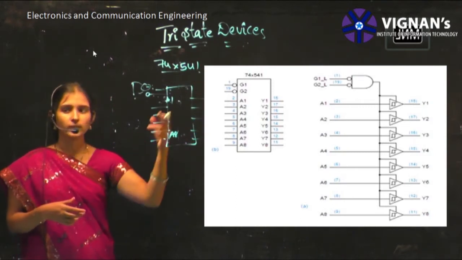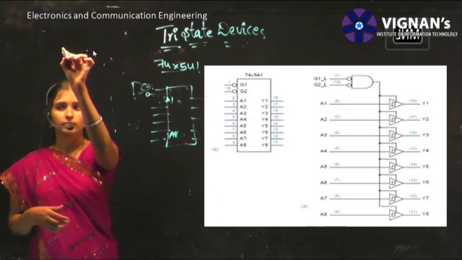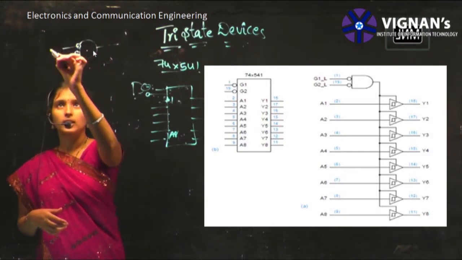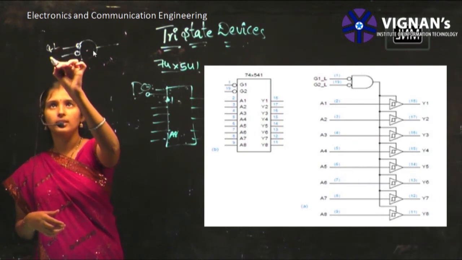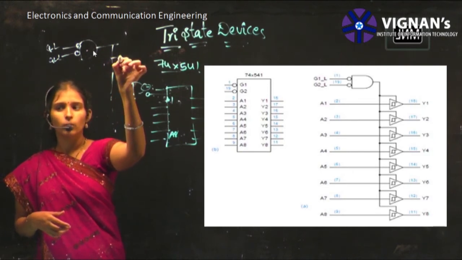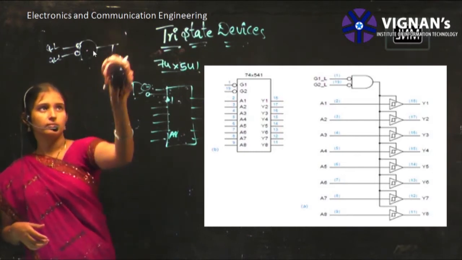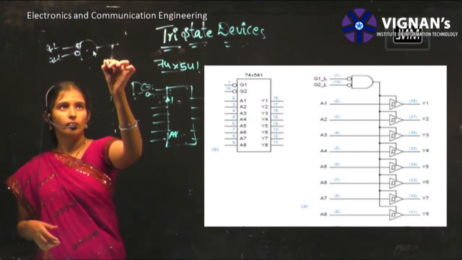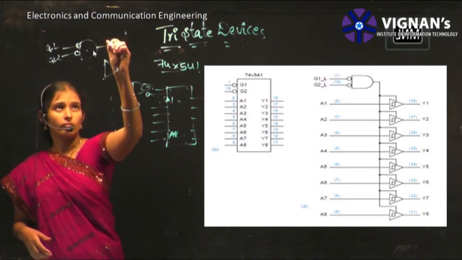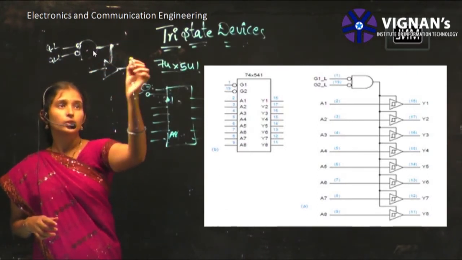You can see from the circuit diagram, this is your G1 bar, this is your G2 bar. This output is connected to the enable input of the buffer.